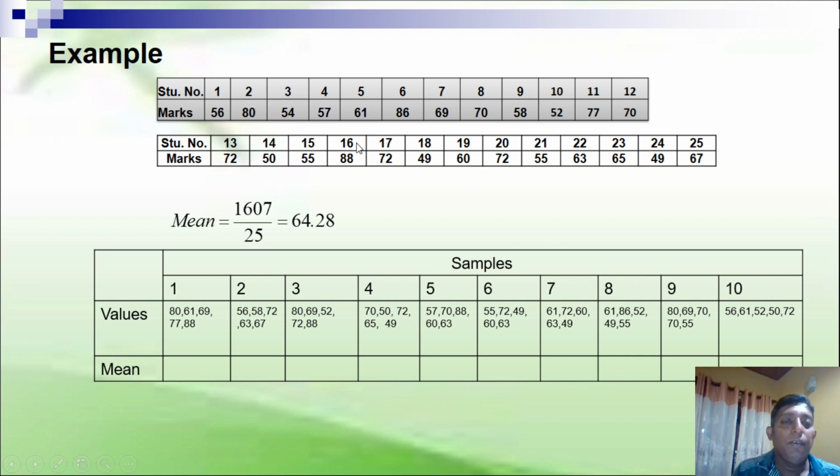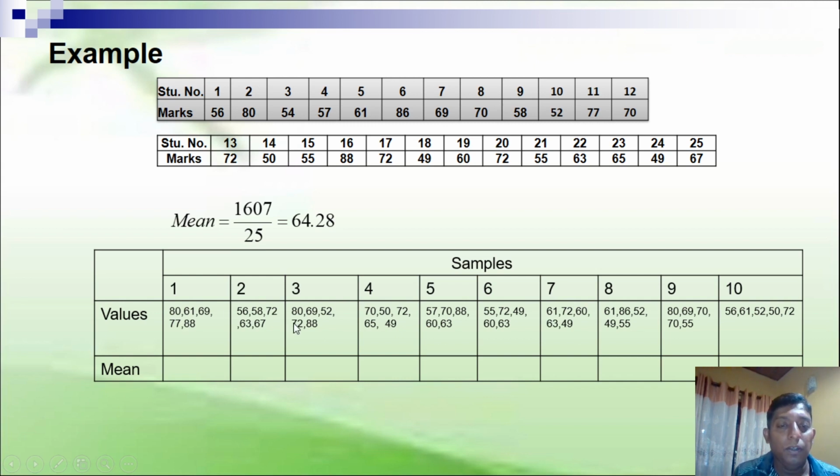If we are going to take samples of size 5, all possible samples without replacement is 25 C 5. It gives 53,750 possible samples, but here we just take 10 samples of size 5.